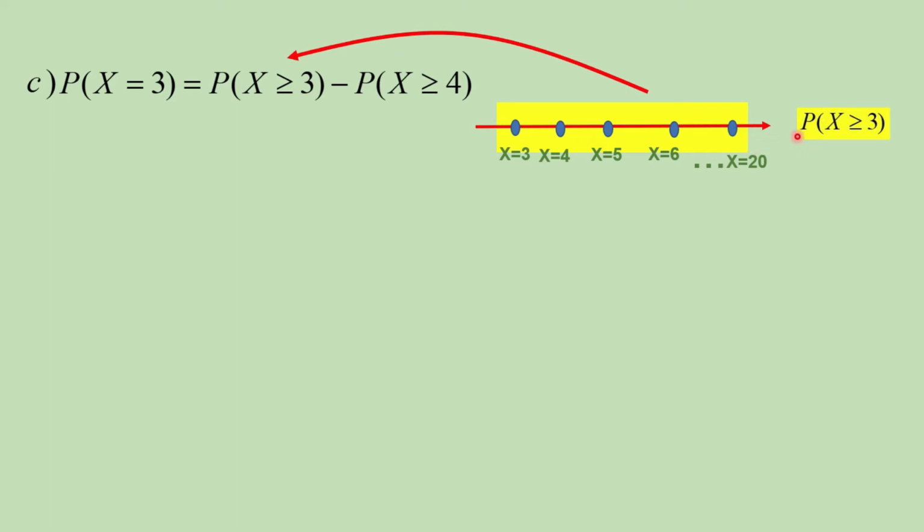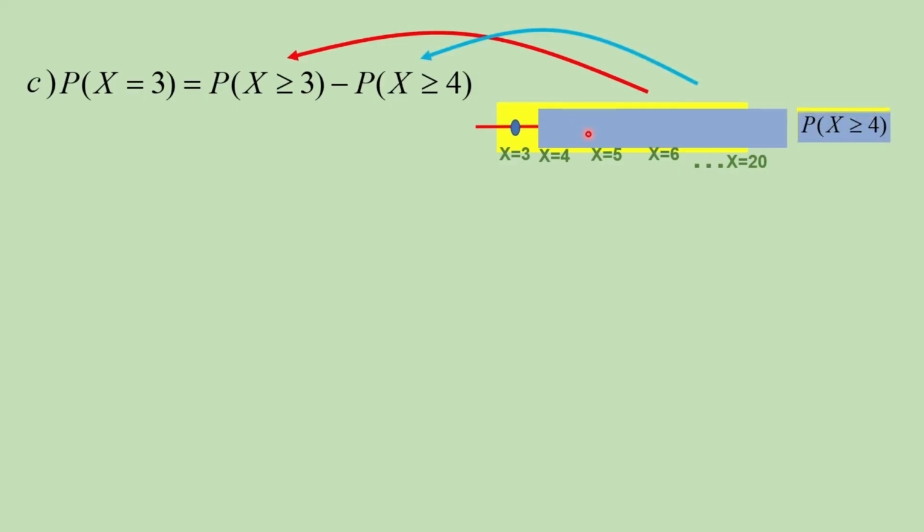This is the value for probability x more than or equal to 3. Probability x more than or equal to 4 is given as the blue rectangle here, that is the summation from x equals 4 until x equals 20. So you need to subtract here the probability x more than or equal to 3 minus probability x more than or equal to 4. Then you will get this value, that is probability x equals 3.